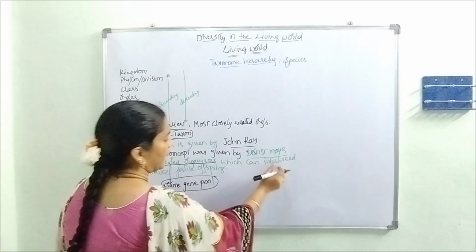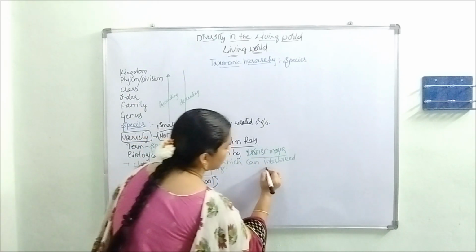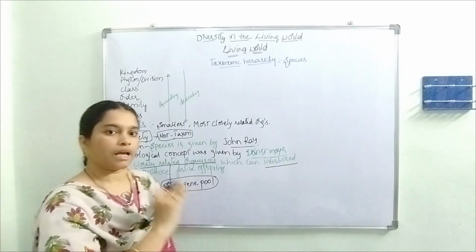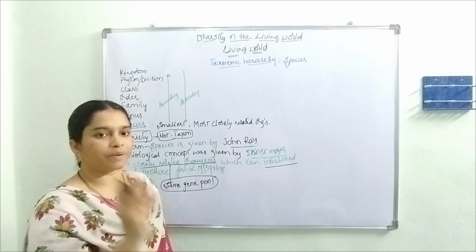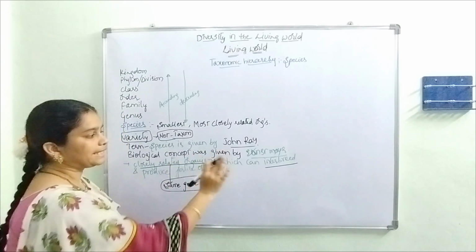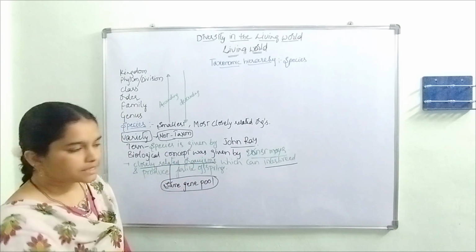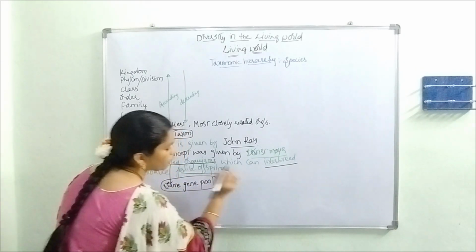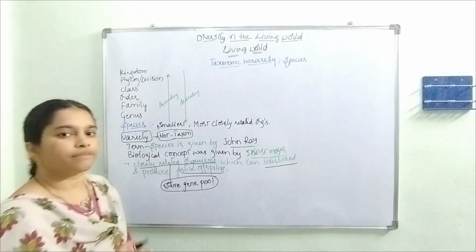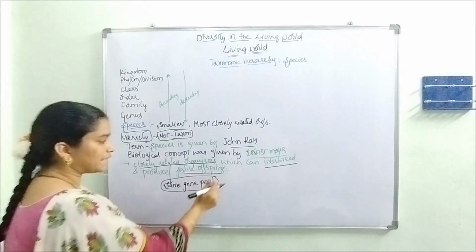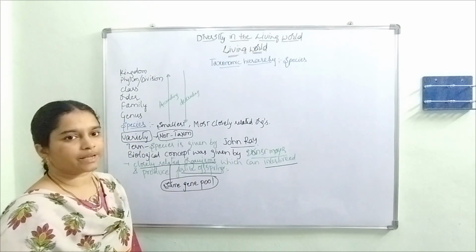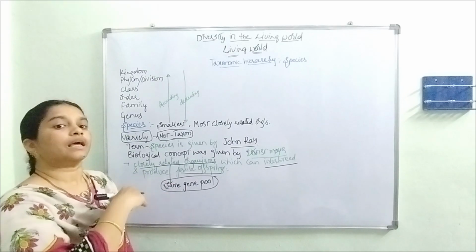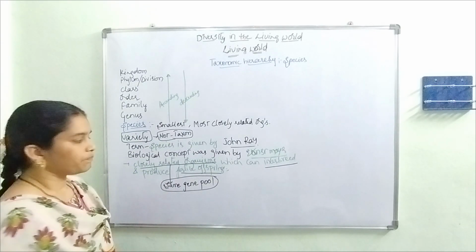Interbreed means the species within a genus which can interbreed, not other species. And produce fertile offsprings. What is meant by fertile offsprings? Fertile offsprings are those which can produce their next generations.